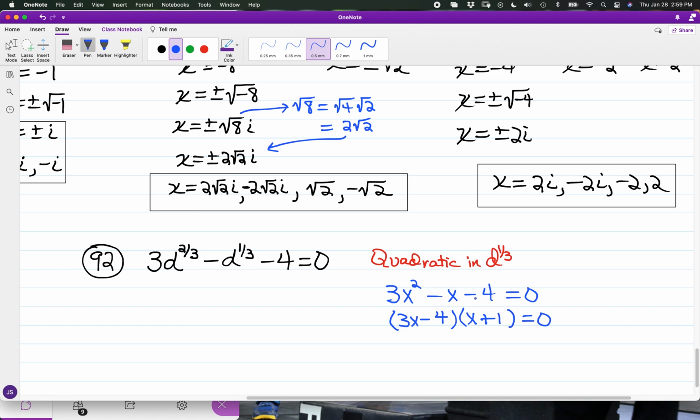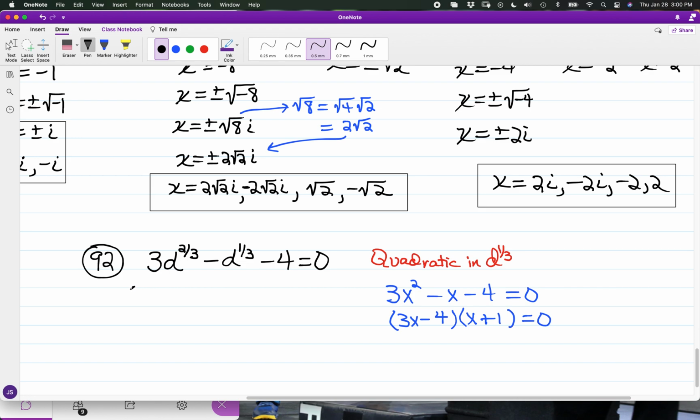Now, instead of x or x squared, I have d to the 1/3 and 3d to the 2/3. And if I apply the same coefficient treatments over here, instead of x's, I'm going to have d's to the 1/3.